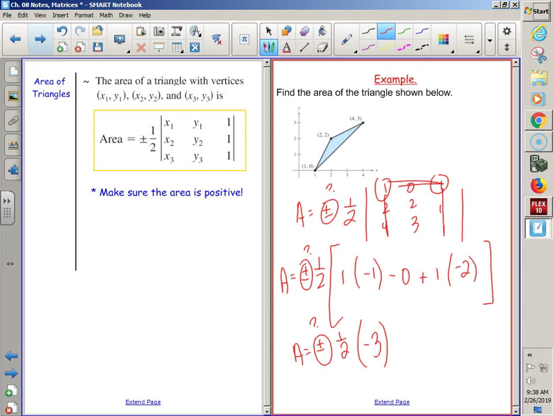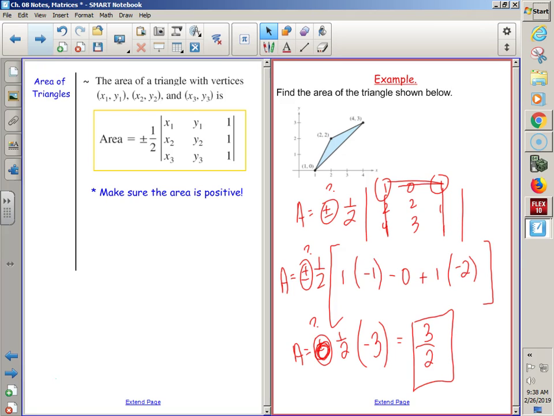Aw, that's a negative number. That's okay. Then we'll steal the negative and say, haha, I need you to be positive, please. A negative times a negative is a positive. Done. Just always make your area positive. Wait, actually done? Yep. How could you check me? Throw this guy into your calculator and check his determinant and multiply him by 1/2 and make him a positive number if he's not already.